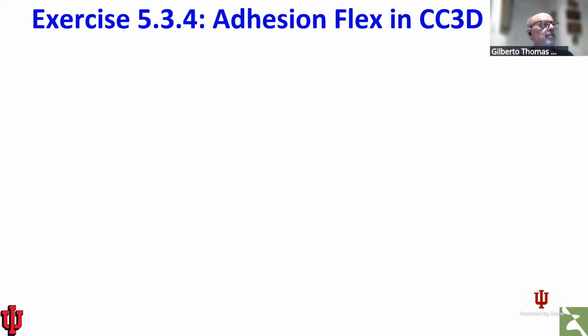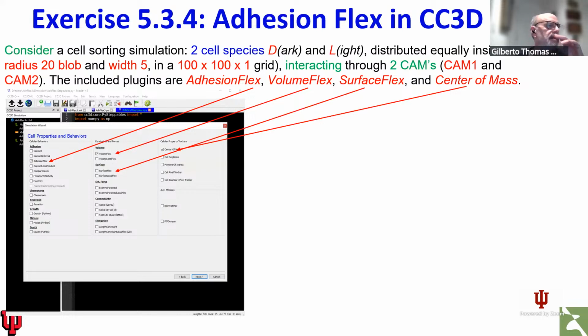Now let's go to the exercise 534. You have to download it. So again, this one I think you can start it. It's quite easy, but anyway, let's go. We are going to build a simulation with two kinds of cells, a dark and a light.